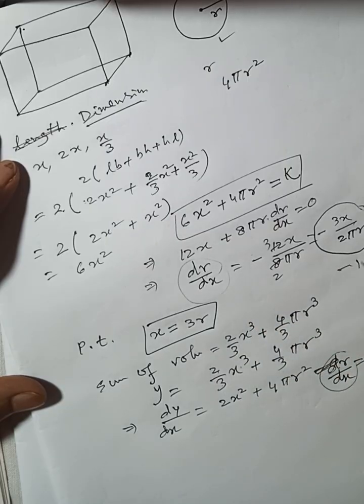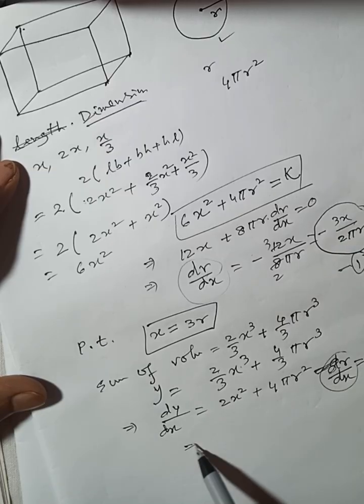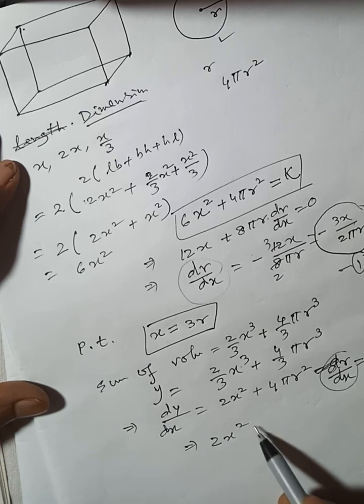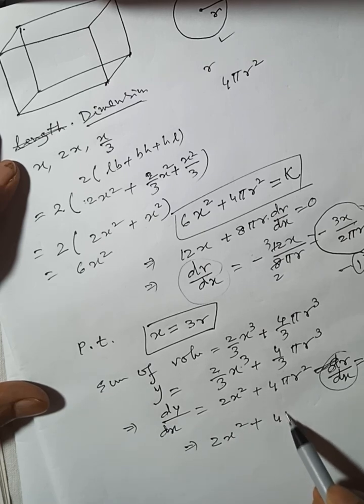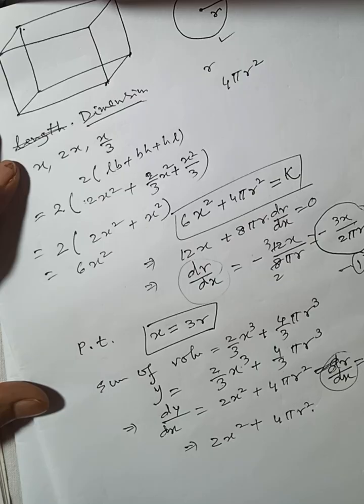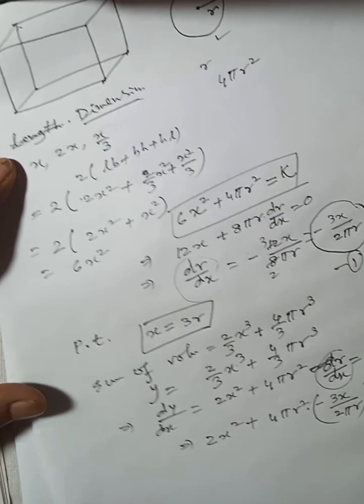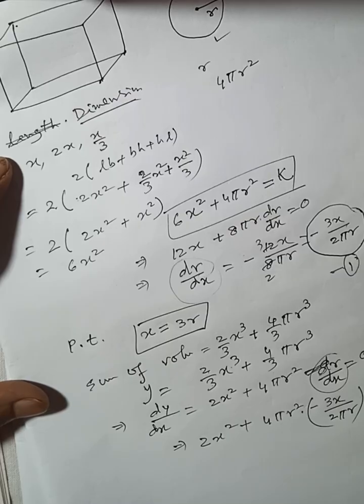This is equation 1, this is equation 2. So this will be 2x square plus 4 pi r square into minus 3x by 2 pi r. This will be 0 for the maximum or minimum value.